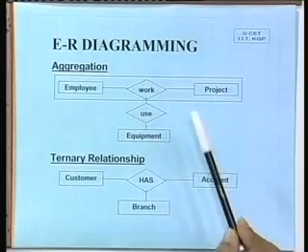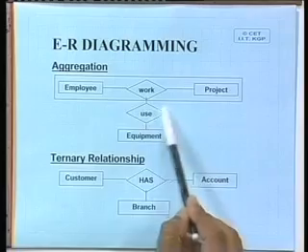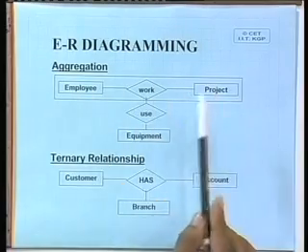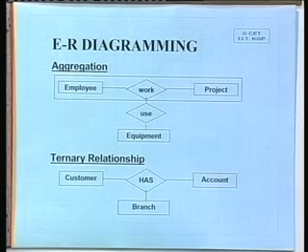Aggregation, see, look at here that employee, first you think of the use, basically employee, project and equipment together has a ternary relationship. So, there are some equipments which are being used for specific projects by a specific employee, alright.